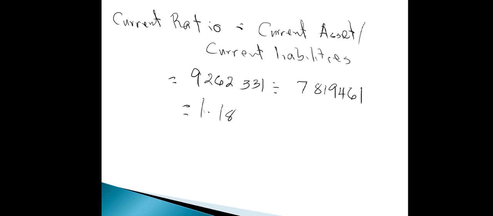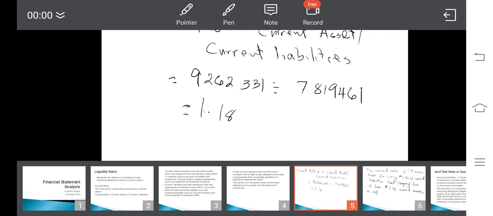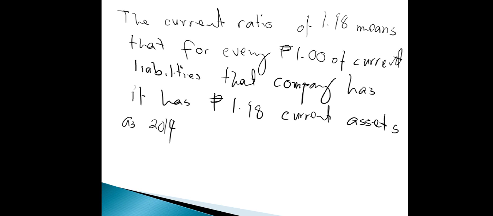What does it mean? The current ratio of 1.18 means that for every 1 peso of current liability, the company has 1 peso and 18 centavos of current assets. So the result of the current ratio is the present current asset of the company.